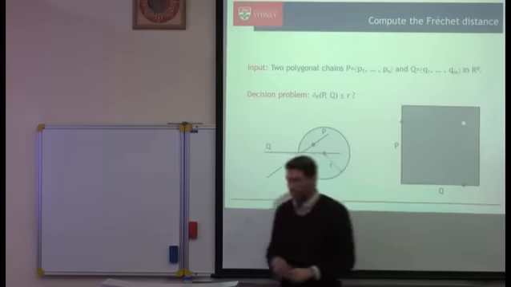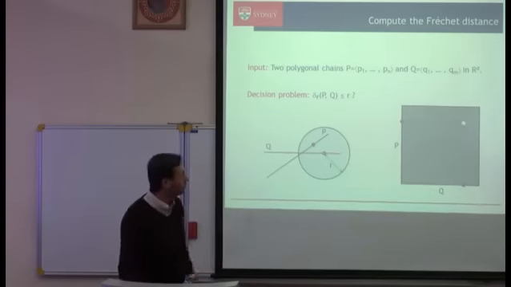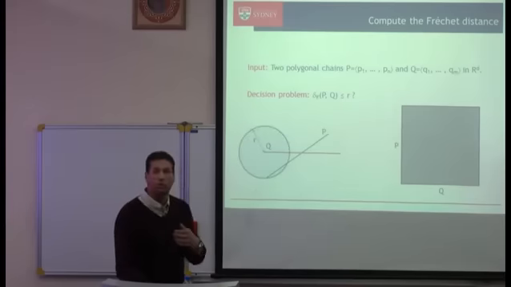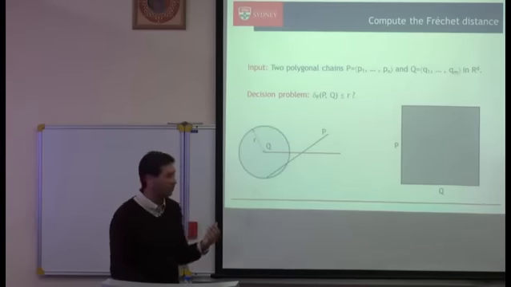Okay? So white means that the distance is smaller than R. And now I want to do this for all pairs of points on P and Q.